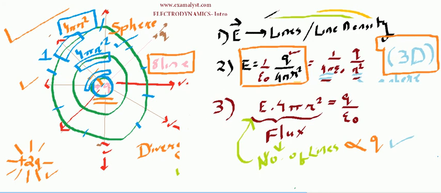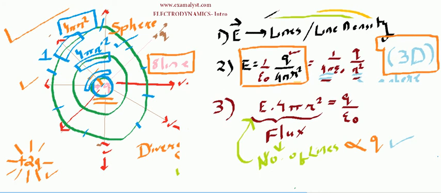Because more is the charge, more I should draw the number of lines. That was the assumption. And why did I draw a number of lines? The only reason I draw this number of lines is to understand. If I draw more number of lines, I know that there is a charge inside which is larger. If I draw small number of lines, I know there is a charge inside which is less.